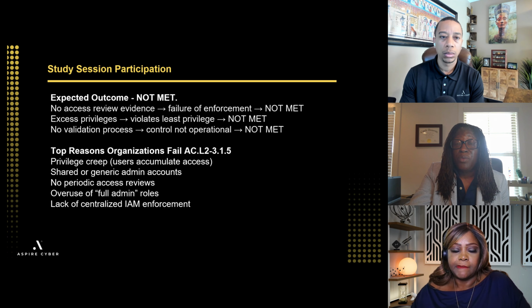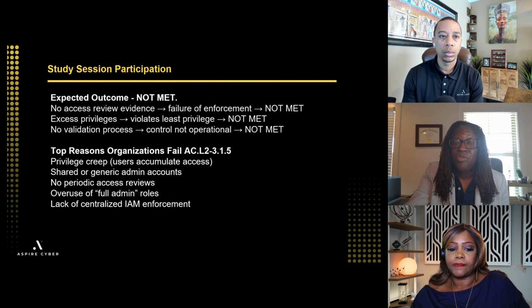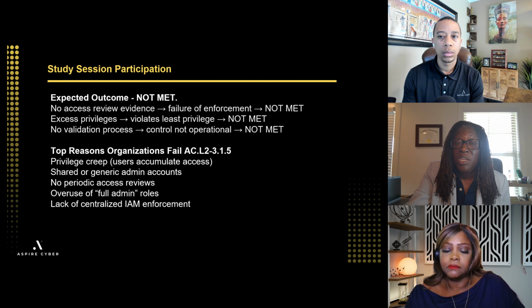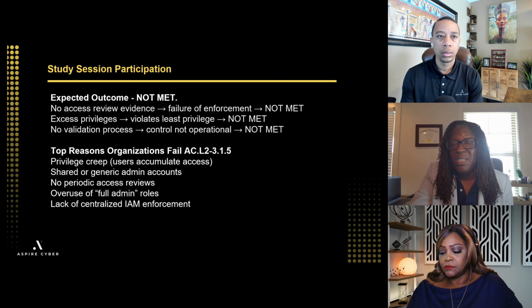They do not provide any periodic access control reviews. They overuse the admin role, meaning there are too many individuals that have been assigned administrative privileges. And also, they lack the use of IAM, Identity Access Management, enforcement controls, policies, and procedures. So these are some of the top reasons that I noticed an OSA, organization seeking assessment, gets a not met on the access control of least privilege.